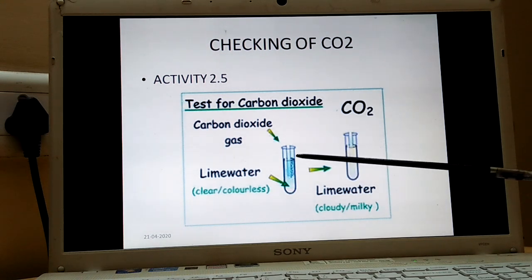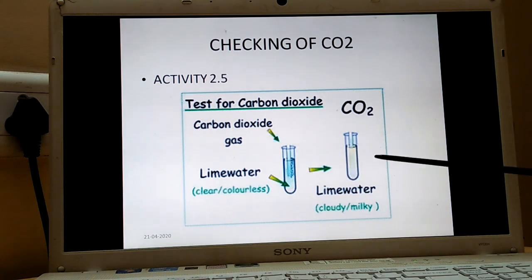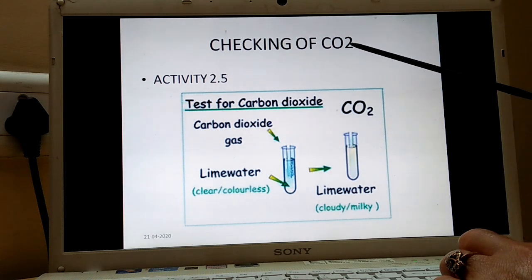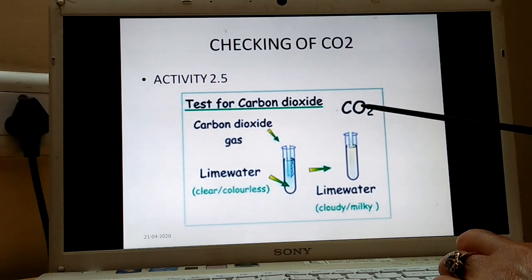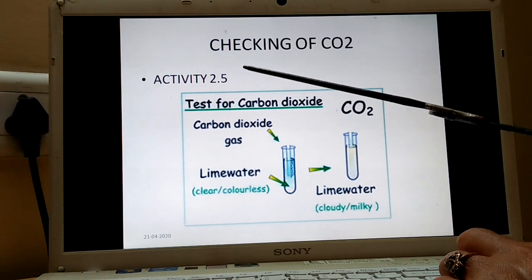Now, when the carbon dioxide is made to pass through this solution, what will happen to it? It will turn milky. This is the confirmatory test for formation of carbon dioxide. If the lime water turns milky, it means the gas evolved is carbon dioxide. So carbon dioxide will always turn lime water milky. This is the test for checking carbon dioxide. We can easily check in the laboratory. It is given in your NCERT book in activity 2.5.